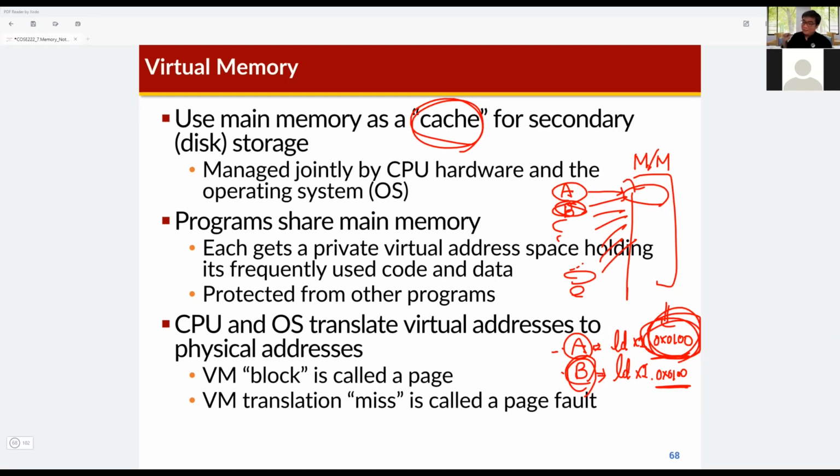But we know that these two applications use different data. How can we handle this? This address information is determined by programmers or compilers. It's not changed during runtime. So how can you handle this situation?